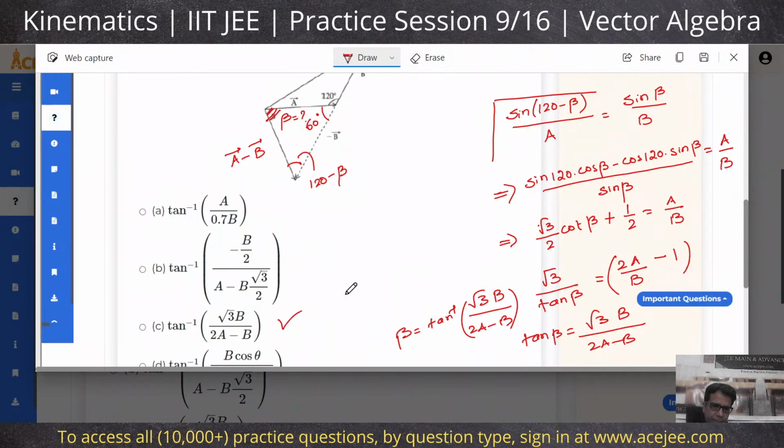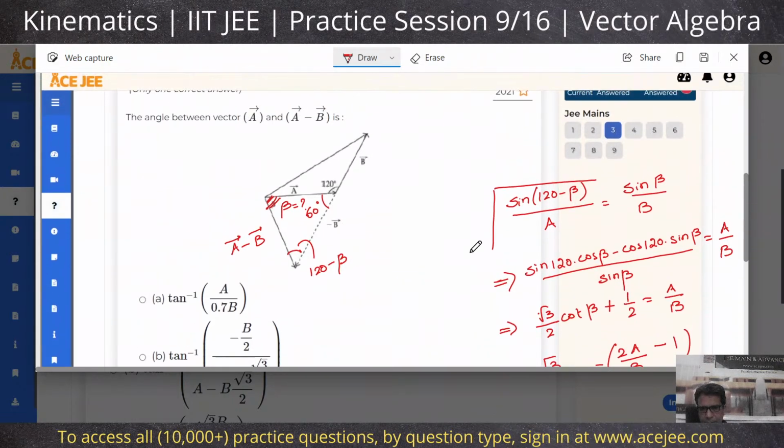Let's see which one seems right. Sir, could we do it through another method? I got the same result through another method. Yes, beta, please do share the method. Sir, what if we draw a perpendicular from the point of intersection of minus b and a minus b on a vector?